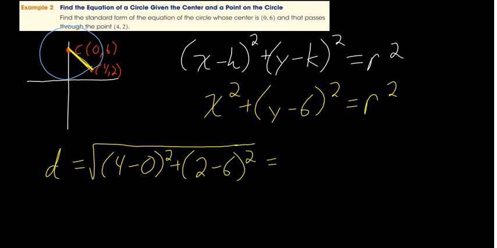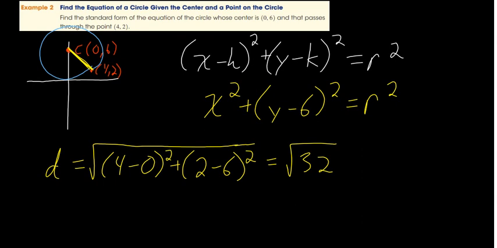And then this turns into 4 squared plus 4 squared, right? So that'd be the square root of 32, and now that is the distance. Well, if that's the distance, that's also simultaneously the radius. I mean, that is the definition of a radius.